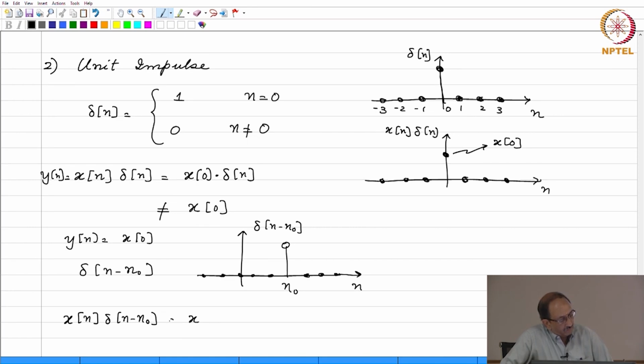So this will be x of n naught times delta of n minus n naught, not just x of n naught by itself, because that would make this a constant sequence whose value is x of n naught for all n, which is not something that we want when we do this operation. And this is called the sifting property. It sifts out that particular sample.